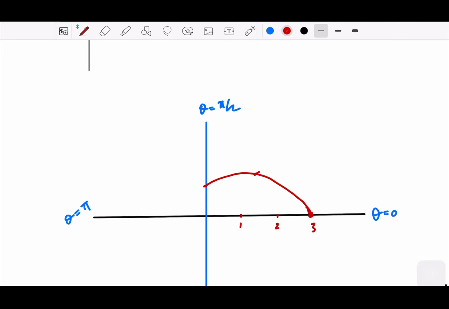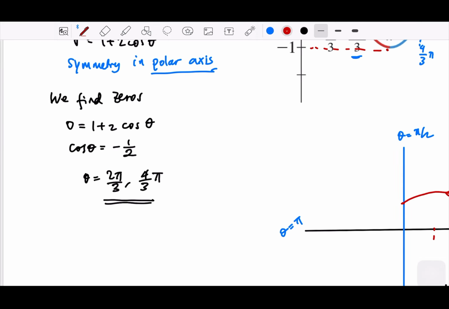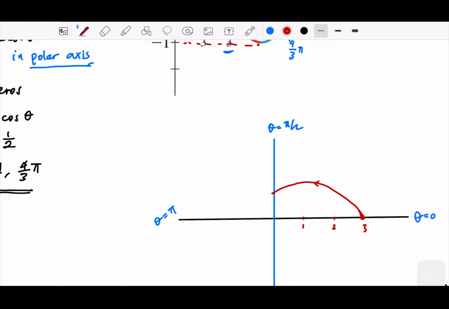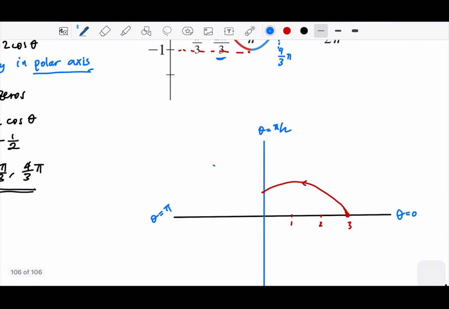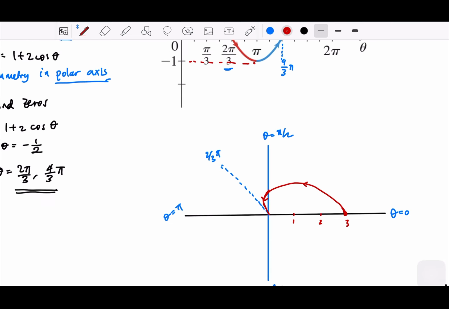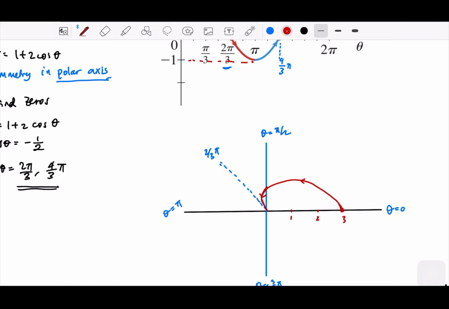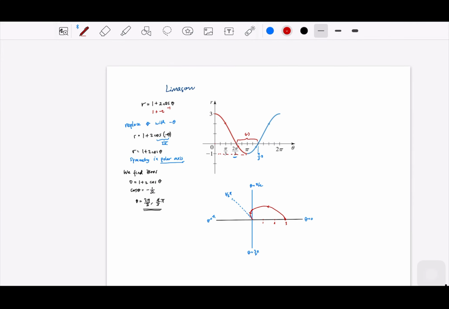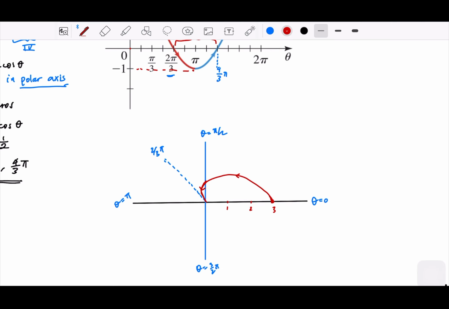Then we know that the zero is at 2 over 3 pi, which is going to be around here, so we take that and make it into these positions. That is when r is 0. And then for the negative part between 2 over 3 pi and 4 over 3 pi, we could take pi.